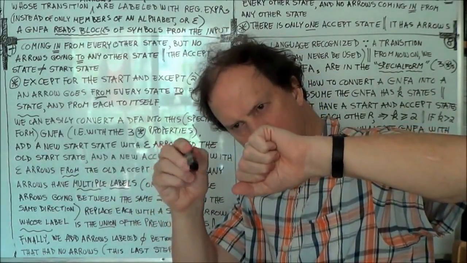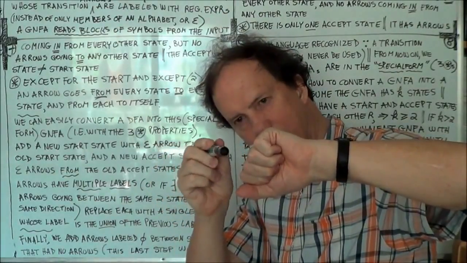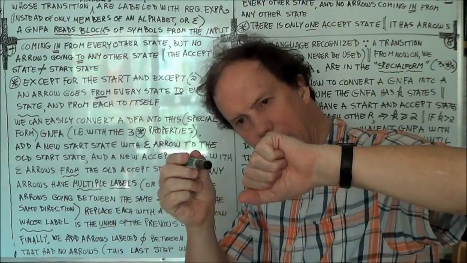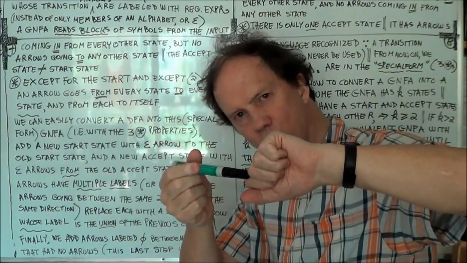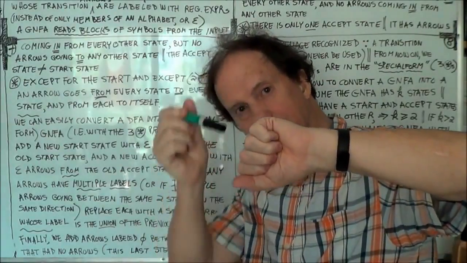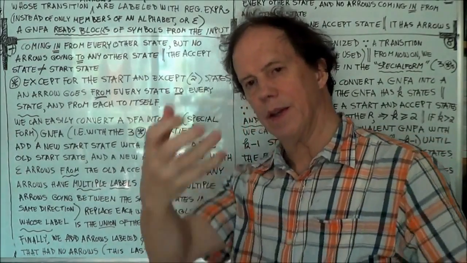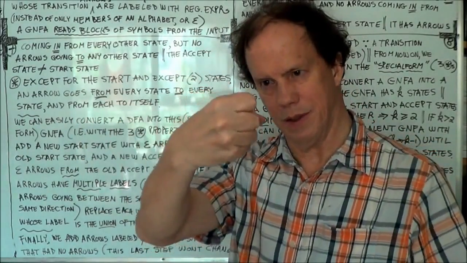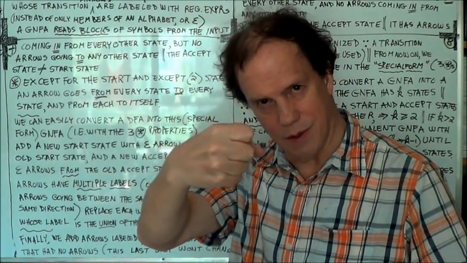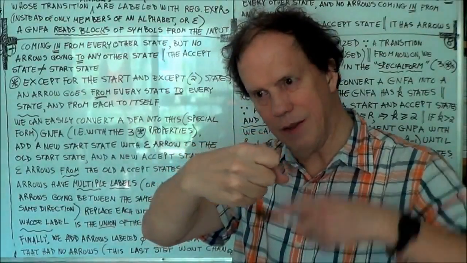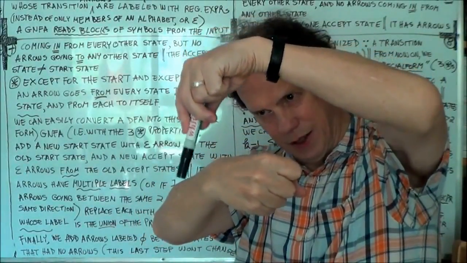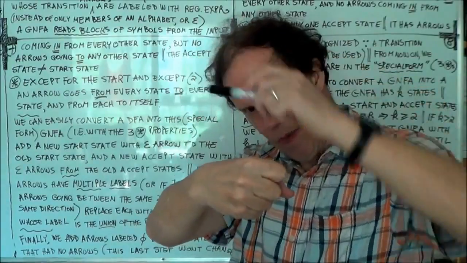So: new start state, transition arrow with an epsilon label, and that arrow goes to the start state of the DFA. Now imagine this fist is the DFA with the new start state, let's say here where I'm wiggling.